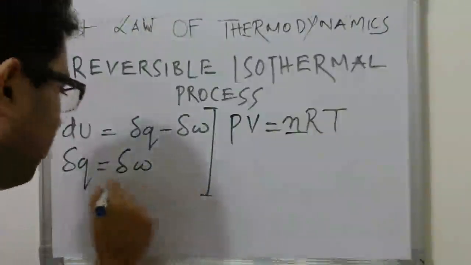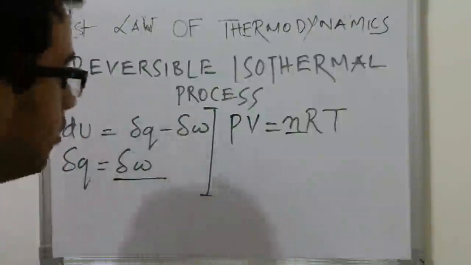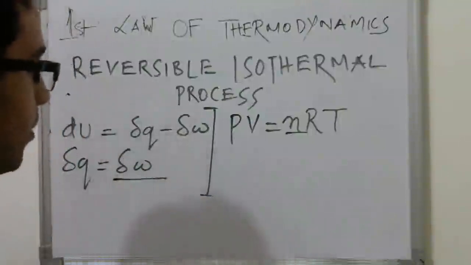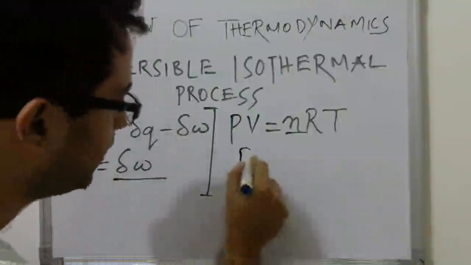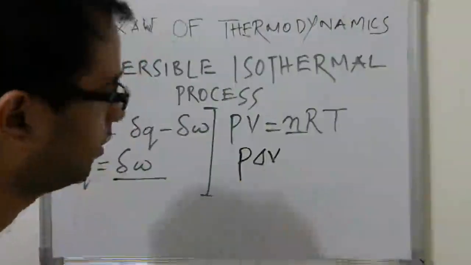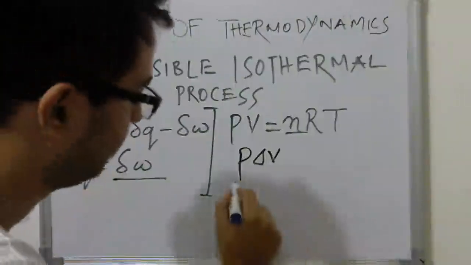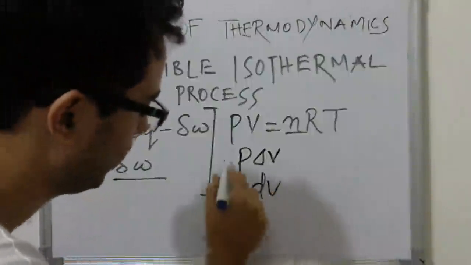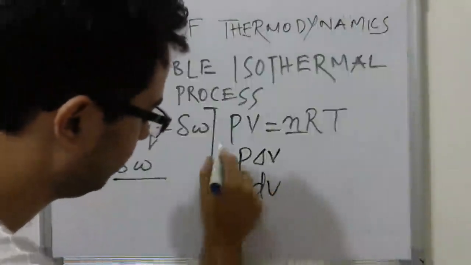Work done is given by P delV, or in differential form, integral of P dV from V1 to V2.